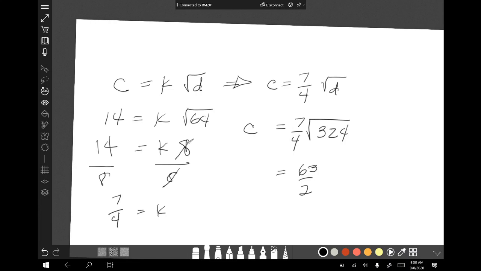What about 18? So would you just do 7/4 times 18? Yeah. 18 is 9 times 2. So all I can do is cancel a 2 here. And then you get 63 over 2. But I would have to spend some time figuring out the square root of 324 if I didn't have a calculator.